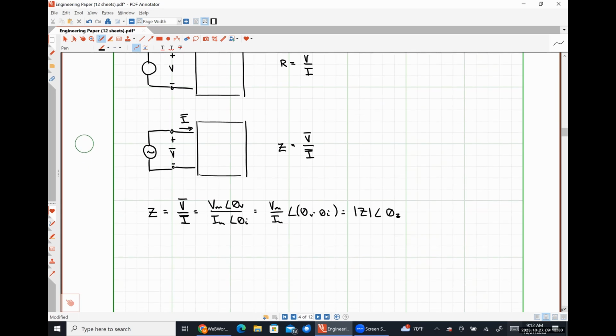In rectangular form, our impedance will have some real part, right? So we'll have the real part of Z plus j times the imaginary part of Z. Well, the real part of Z is resistance. Literally just the resistance that we've been dealing with.